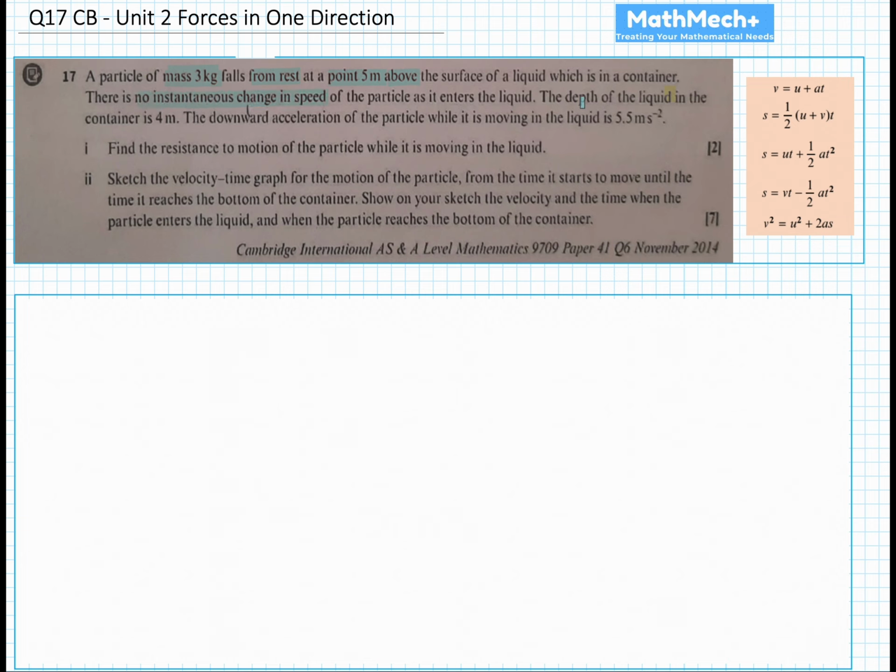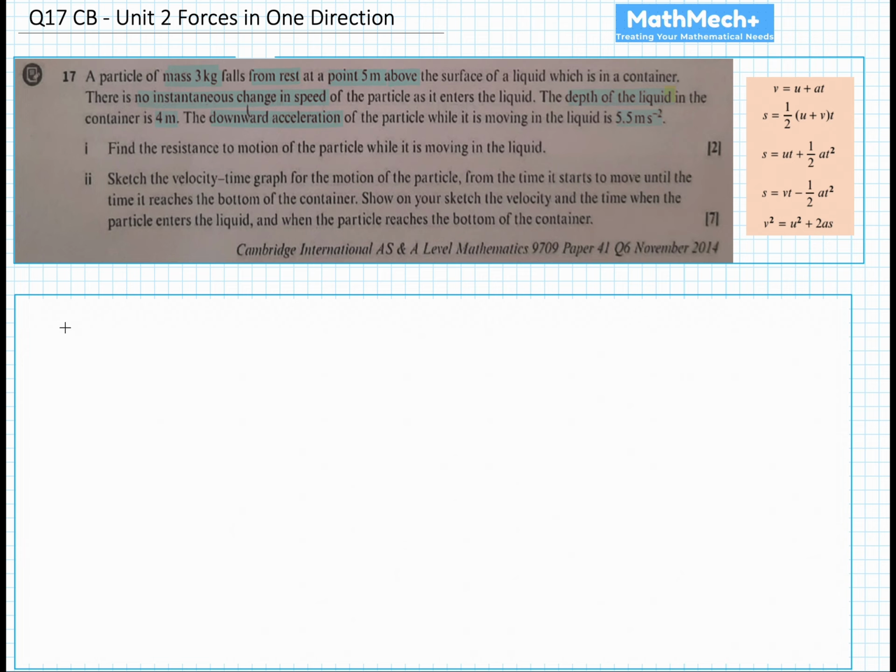There's no instantaneous change in the speed as it enters, and the depth of the liquid is 4 meters. The downward acceleration is 5.5 meters per second squared. First of all, find the resistance to motion, and then we'll find some other details and sketch a velocity time graph.